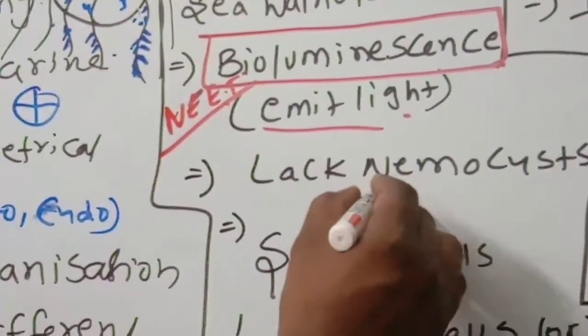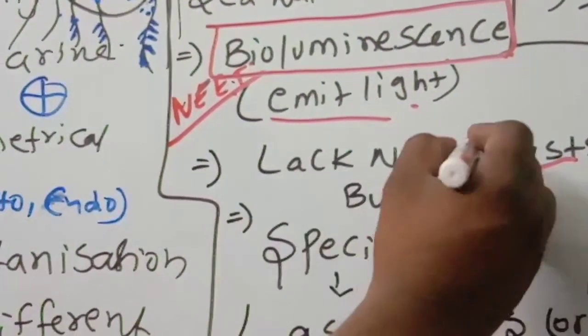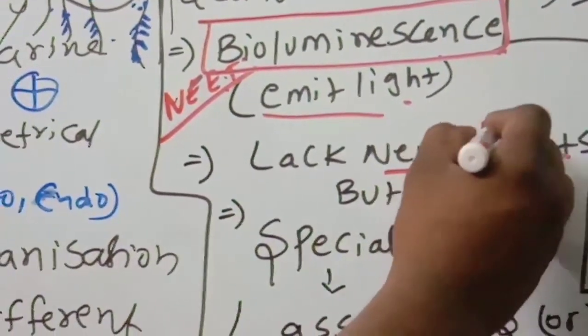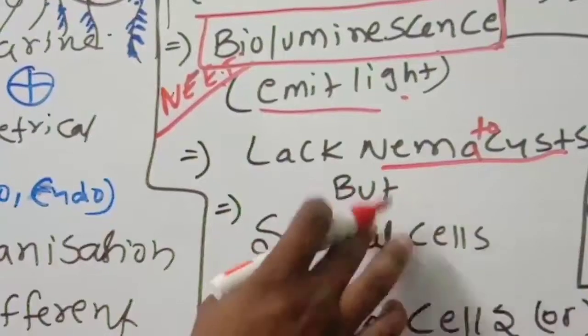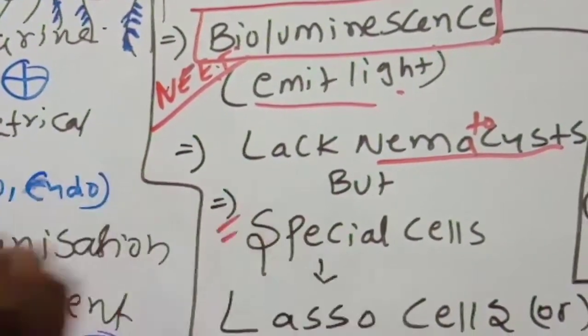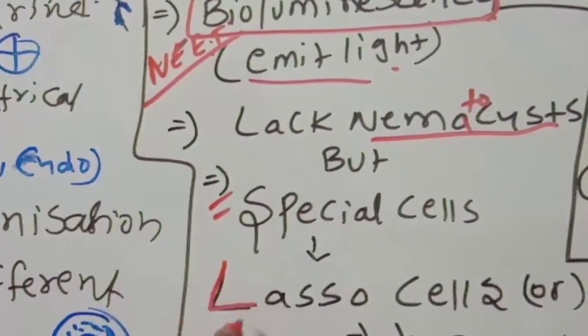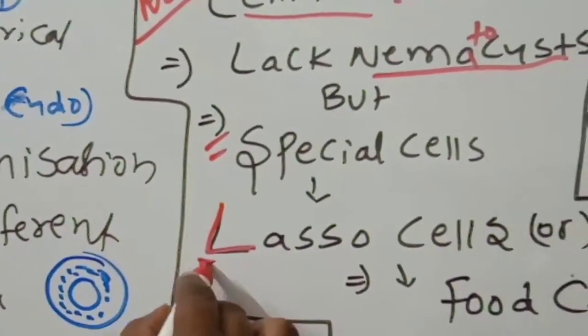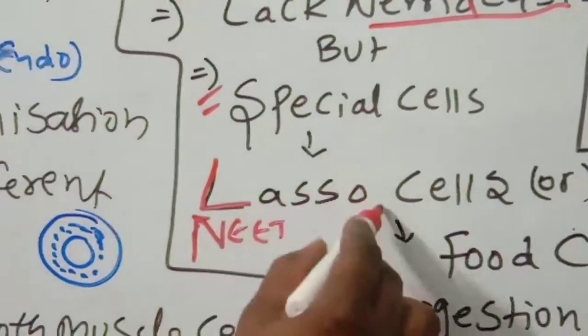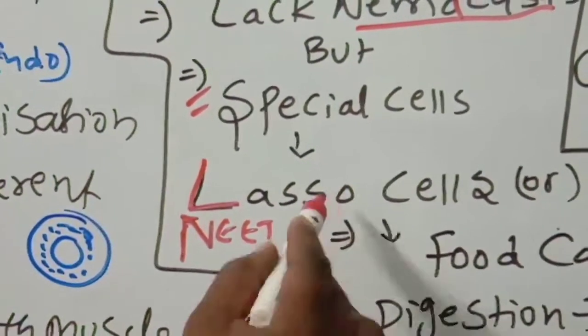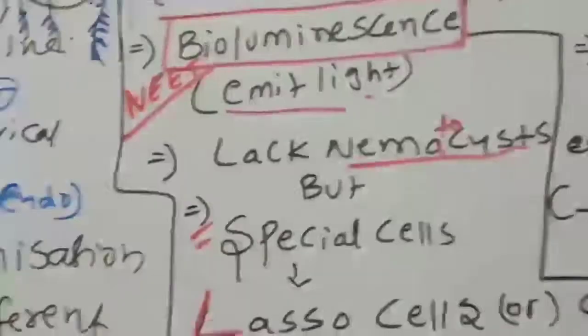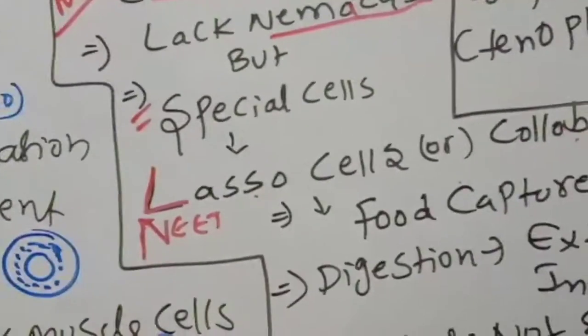They don't have any nematocysts. They lack nematocysts, but they have special cells. This is also a NEET bit: lasso cells or colloblasts. What is the use of lasso cells or colloblasts? They are helpful for food capturing.